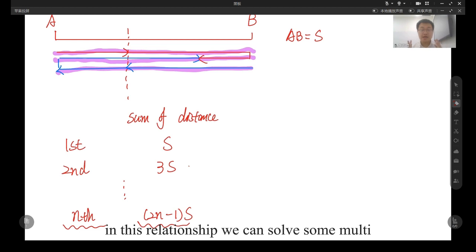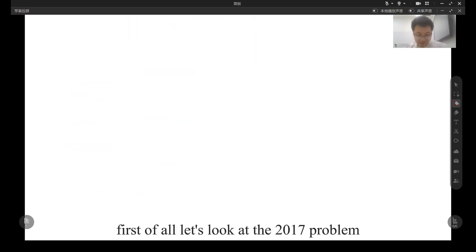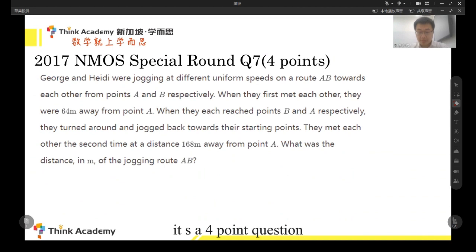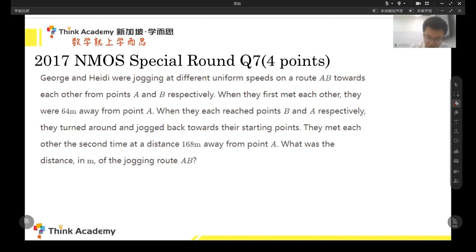With this relationship, we can solve some multiple-time meeting problems. First of all, let's look at the 2017 problem. It's a 4-point question and a very typical multiple-time meeting problem. There are two people, G and H. They travel from A and B, and the first time they meet at a point 64 meters away from A. Let's draw a picture: A, B, and this is the first time they meet.